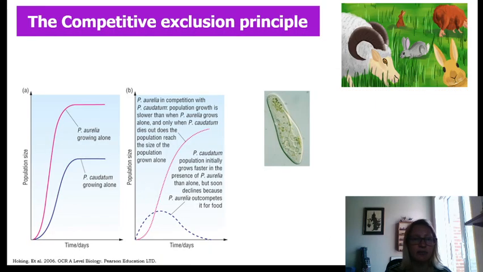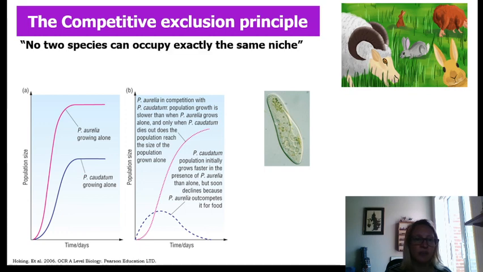Another good example of that is with these Paramecium species. So again, this is another example of competitive exclusion, but this is quite interesting because you've got two different graphs here. You've got graph A. So graph A represents the population dynamics if they are by themselves. So they don't have any competition from another species.